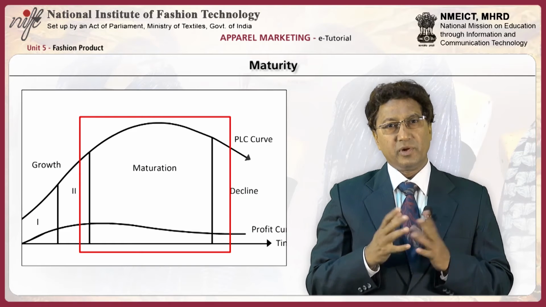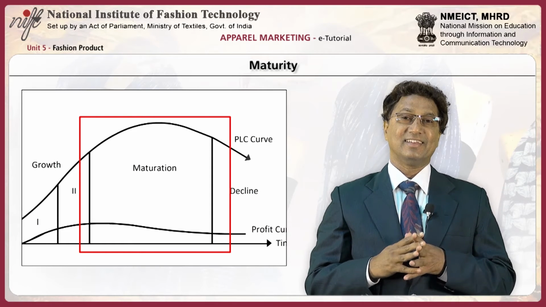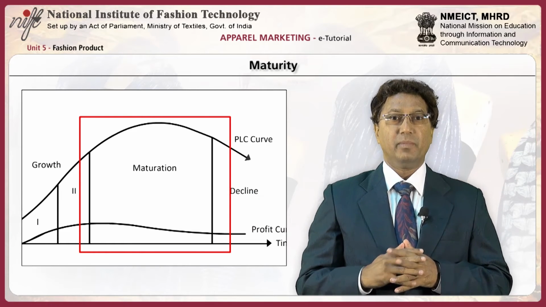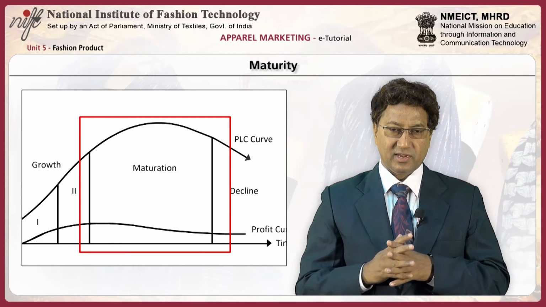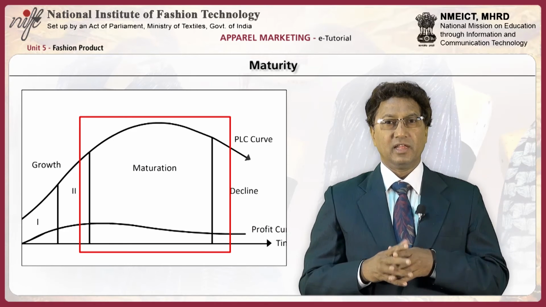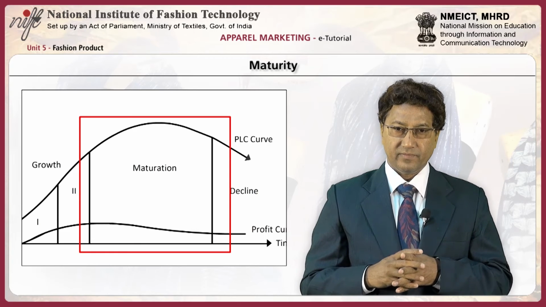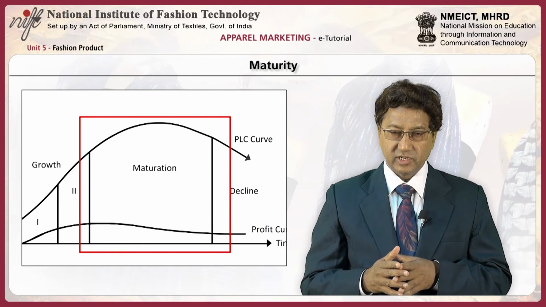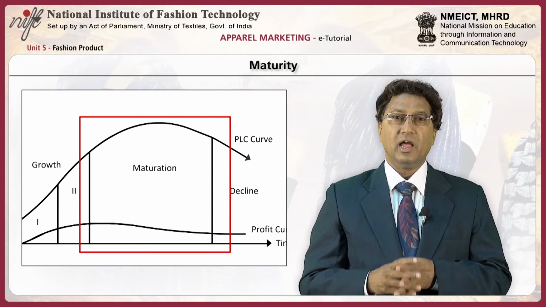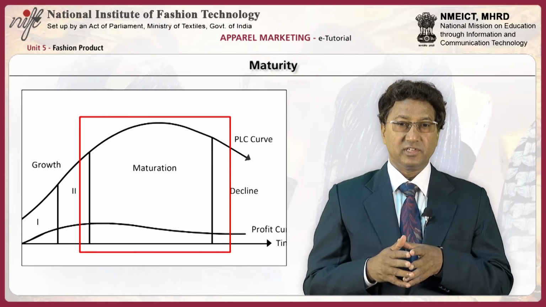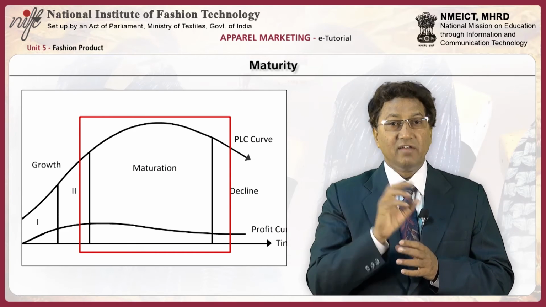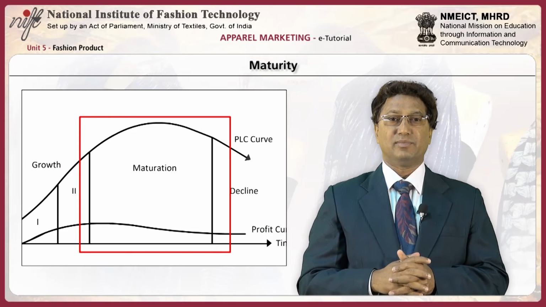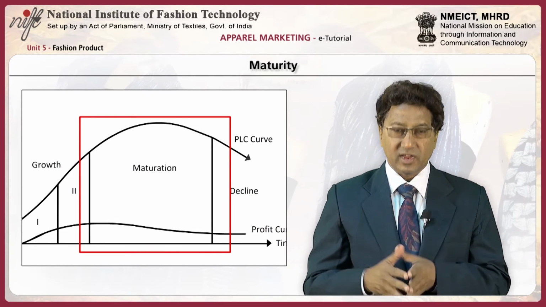Competition is intense and prices begin to fall to appeal to a very large market and to gain a larger market share. Distribution is wide and the promotional focus is on strengthening the fashion, which has already received acceptance by the mass market.